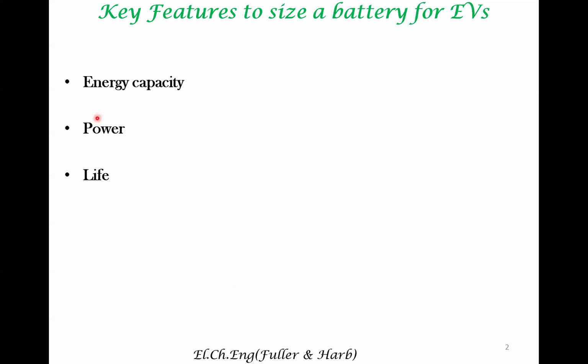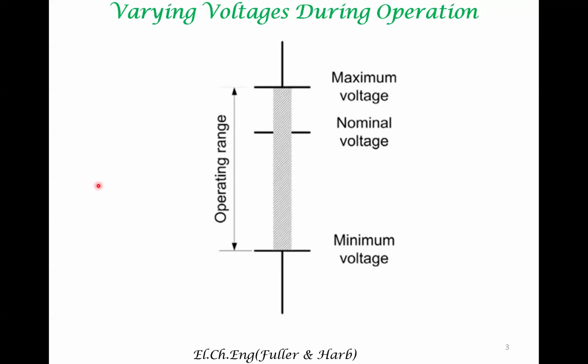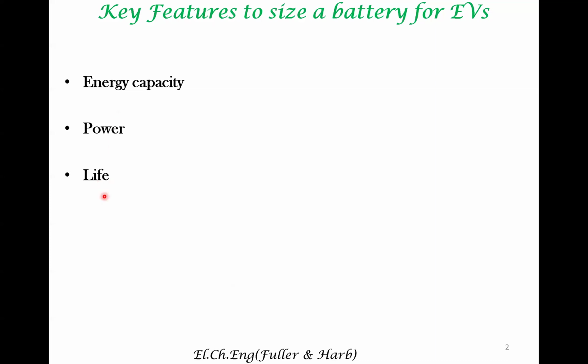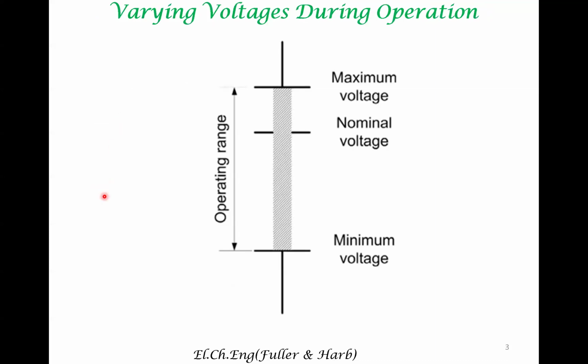While these two can be more quantitatively assessed, this is rather hard. However, we'll provide an approximate way of assessing the life of a battery. All these three quantities depend critically on the voltage provided by the battery, which is not a constant and may vary.